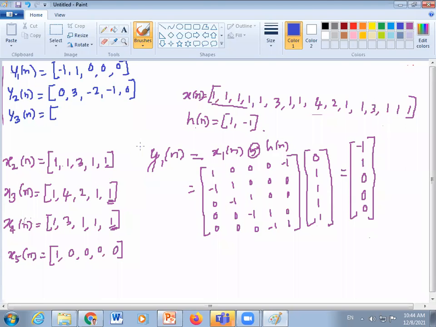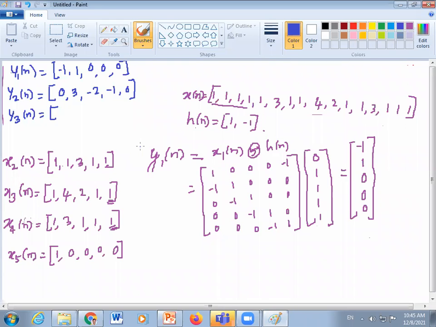Is this second answer correct? Check the second answer once. Yes, anybody has got the answer?